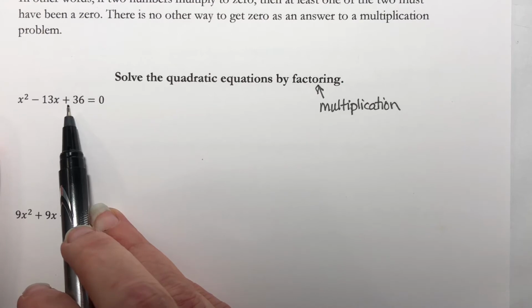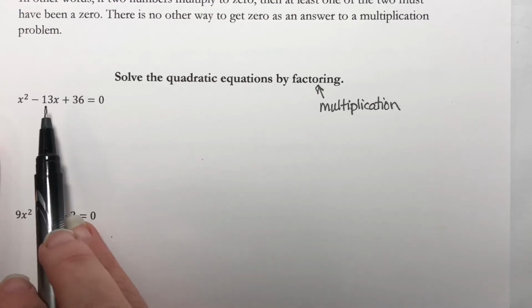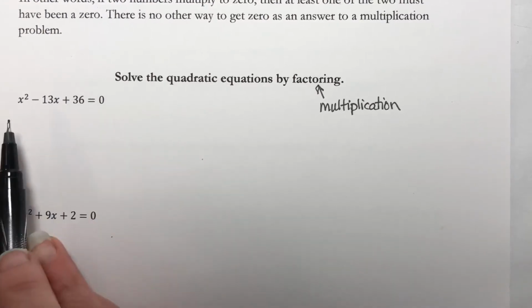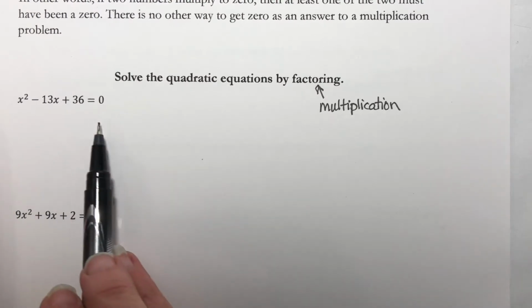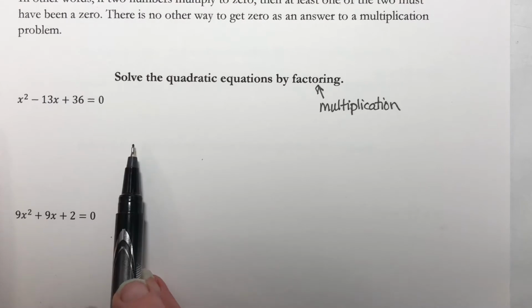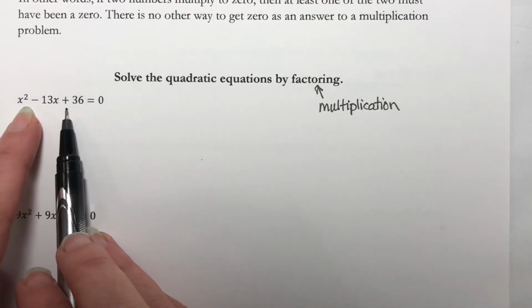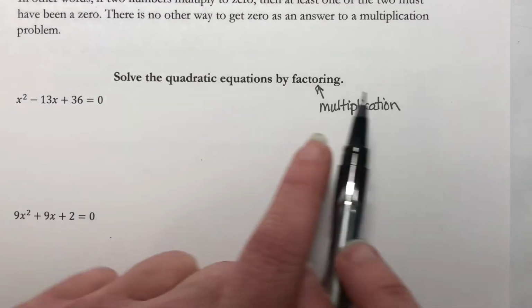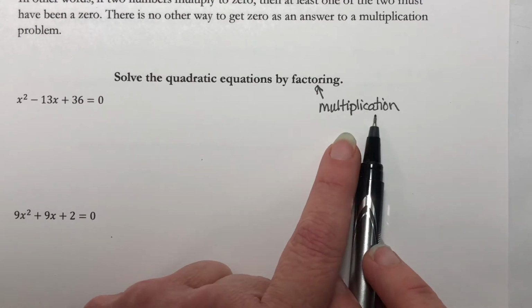What I mean by that is if you imagine plugging in a number for x and then following the order of operations, the very last calculations you would make are the additions and subtractions. And what we want is for the very last operation to be a multiplication.